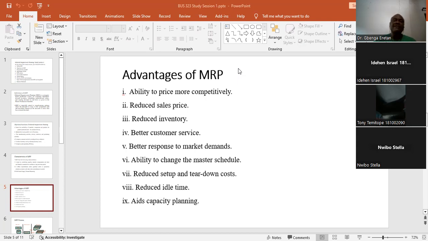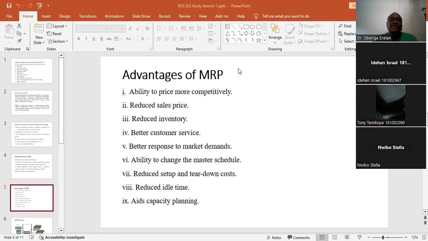Better customer service in the sense that since you are aware of all the products that are in the store, you'll be able to meet the demand of your customer at every point in time, because the system will guide you on the products that are available and the products that are not available and the products that have reduced, and you'll be able to meet the demand of the customer because of the computer-based system that the system has provided when you adopt the material requirement planning system.